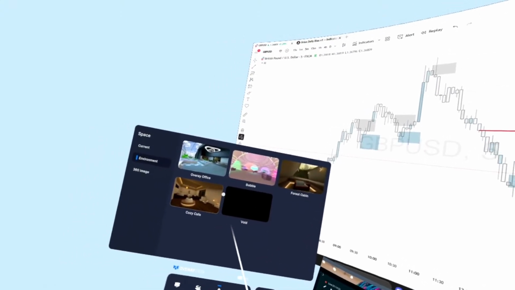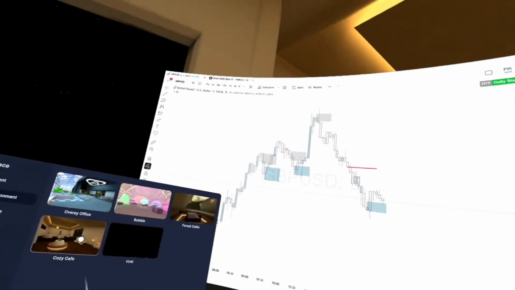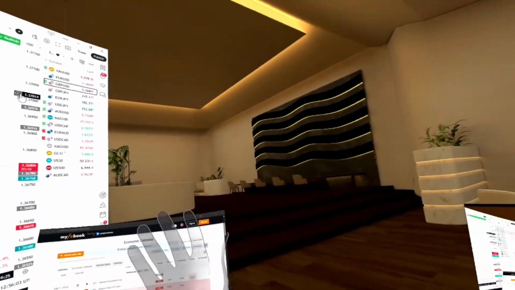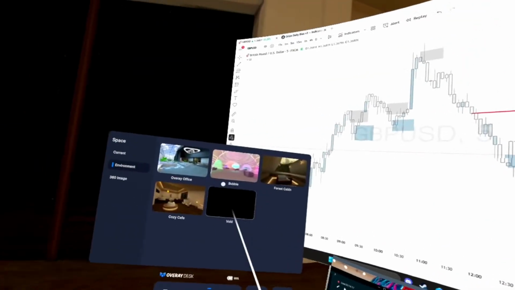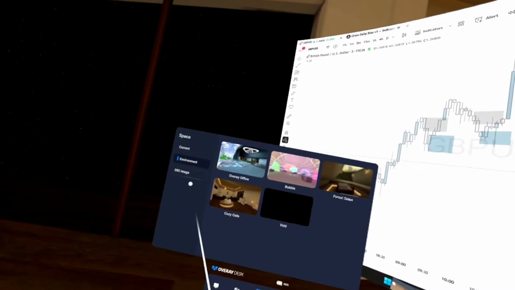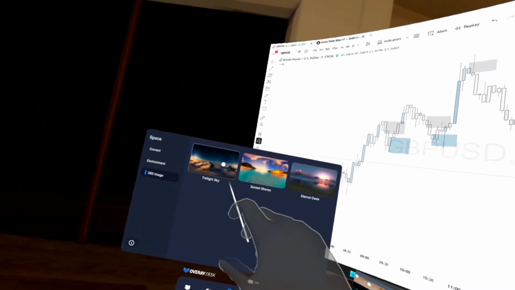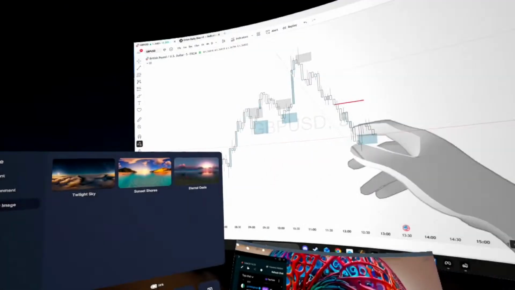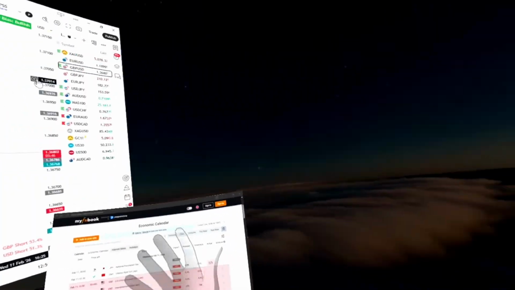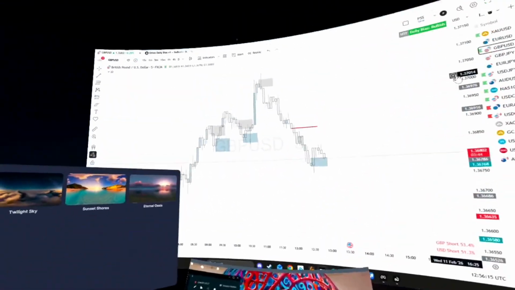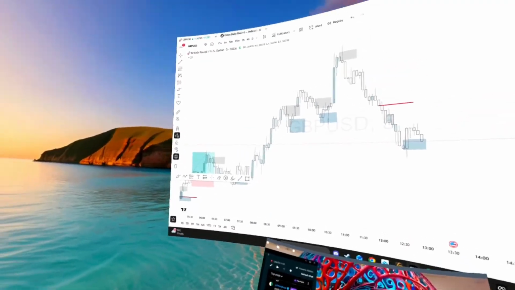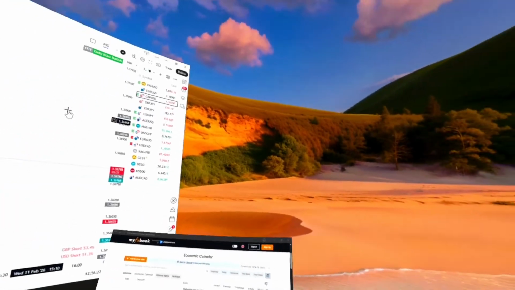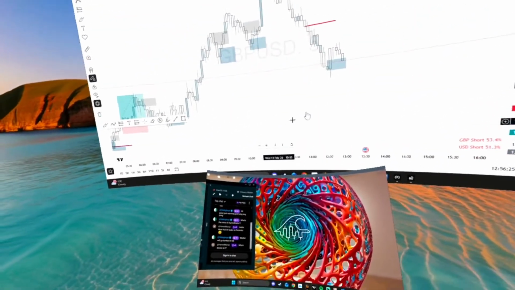Or you can go somewhere like here, the cozy cafe. Not really a fan, to be honest. Still though, a vibe. I'm more inclined to just do it with the twilight, or like this. This is quite vibey, to be fair. But this one for me is the one that's doing it at the moment. It's good.